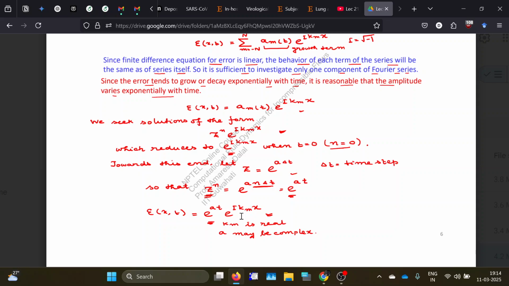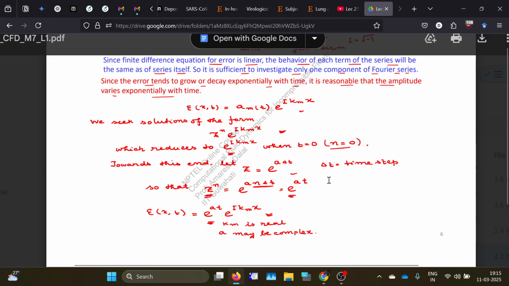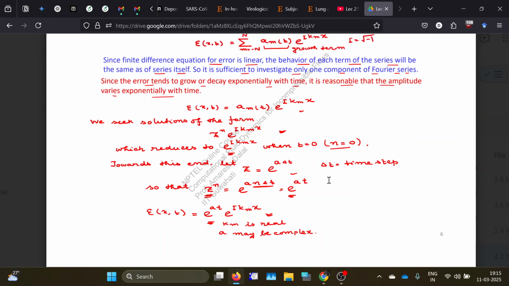So what we have done here is assume this epsilon, and we seek a solution of the form. Now, what is written below this red line, I don't understand. Can you explain step by step? From the epsilon x, this is the error we have assumed.